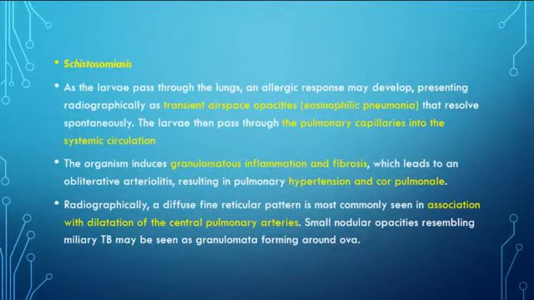Radiographically, a diffuse fine reticular pattern is most commonly seen in association with dilatation of the central pulmonary arteries. Small nodular opacities resembling miliary TB may be seen as granulomata forming around the ova.